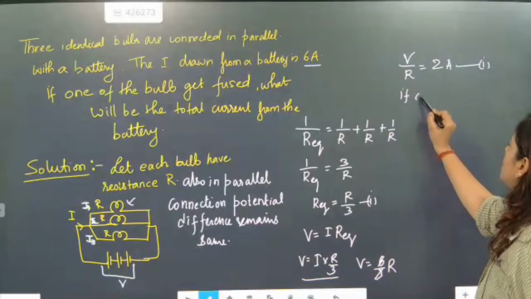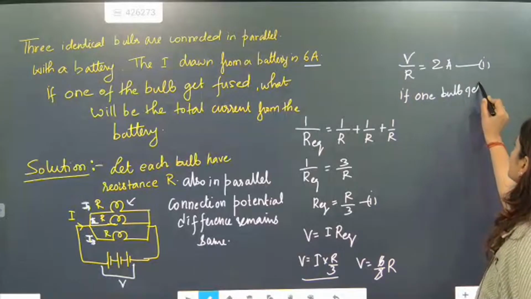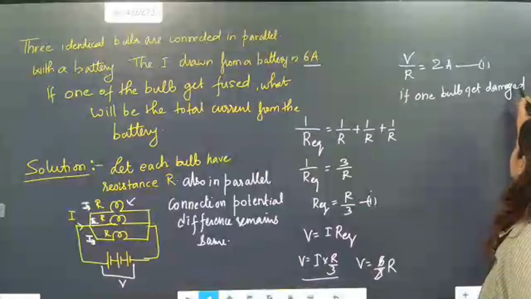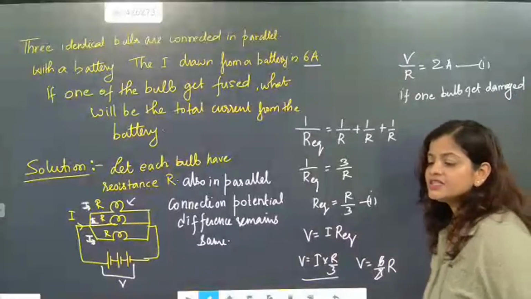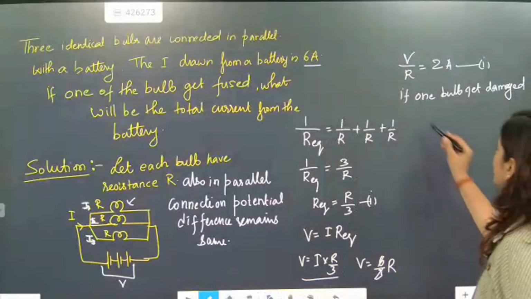If one bulb gets damaged, then since it is in parallel connection, since it is in which connection, beta? Parallel connection.